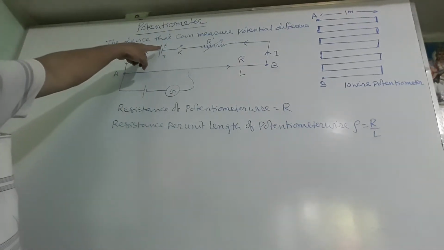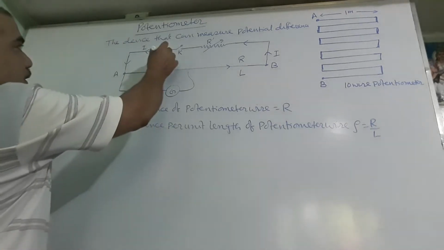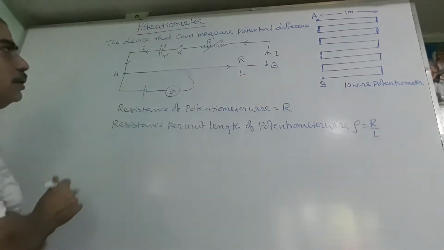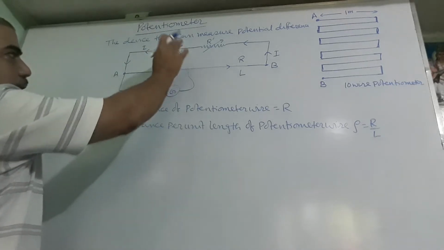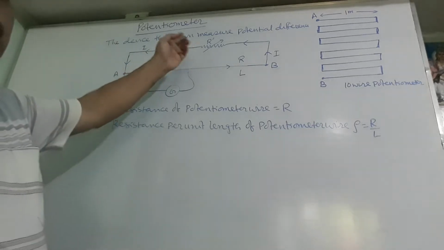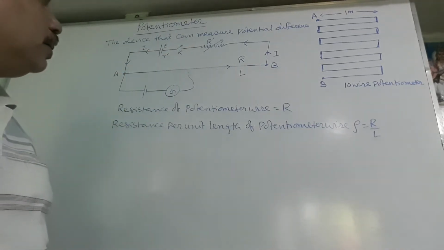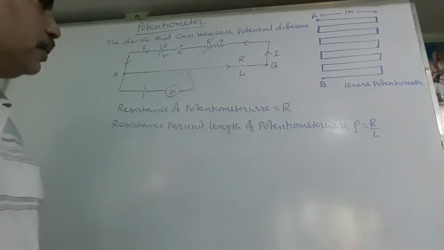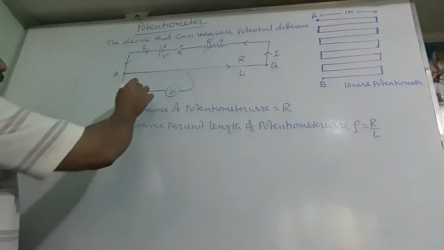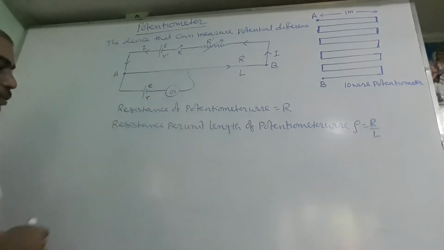This is the cell of EMF E, and suppose its internal resistance is r dash. This is the key, and here this is the variable resistance. Here we can use any rheostat or a resistance box. This is another cell of EMF E dash, and suppose its internal resistance is r.